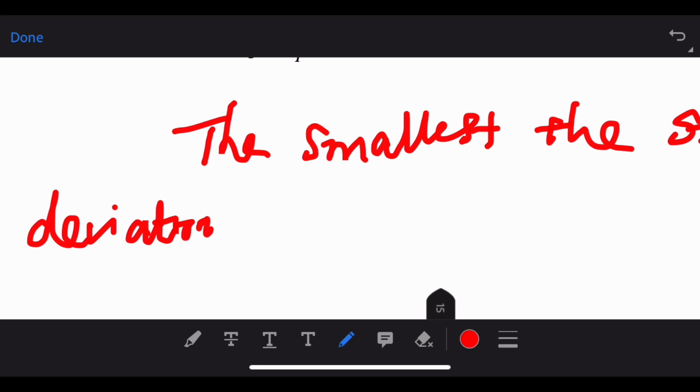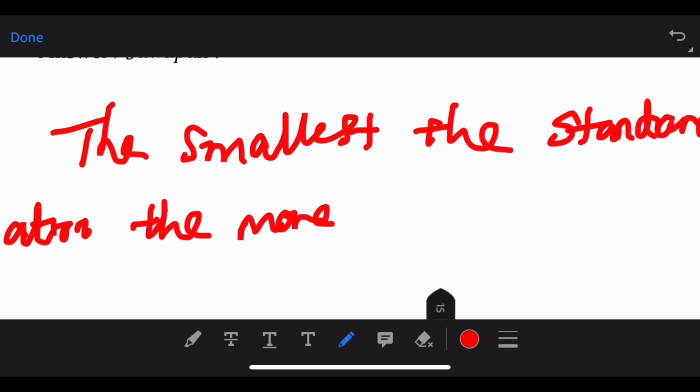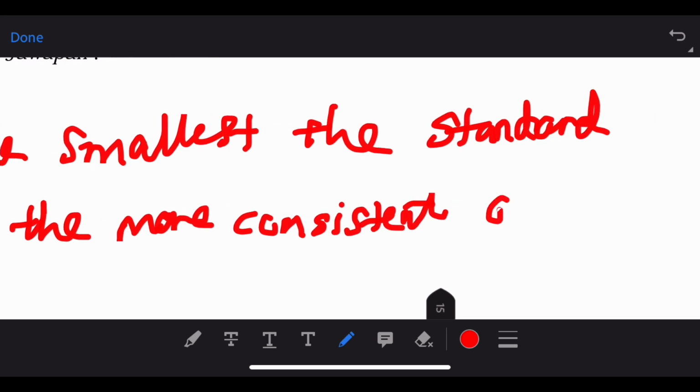You have to always recall the concept or the fact so that you won't forget. The more consistent the data is, so you can say the more consistent the mark.